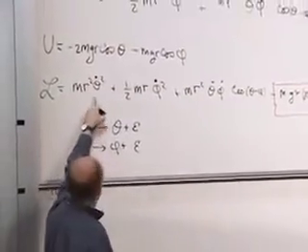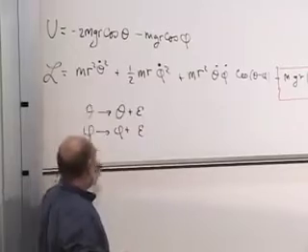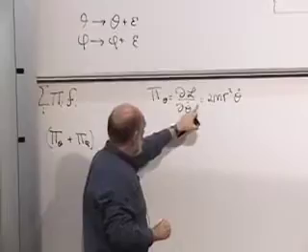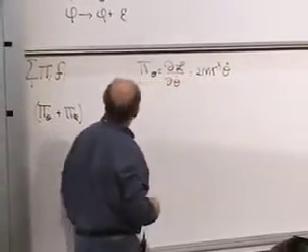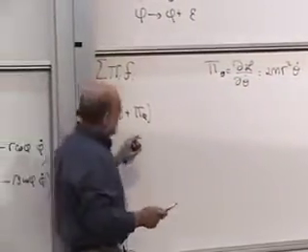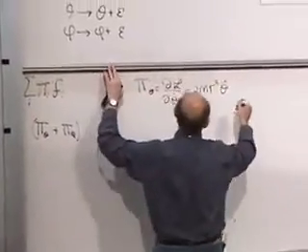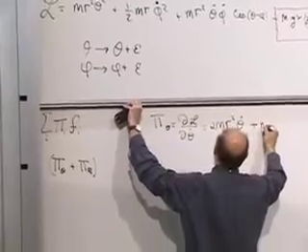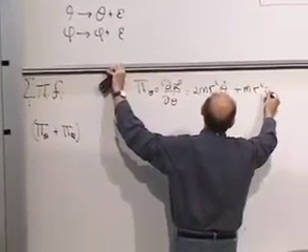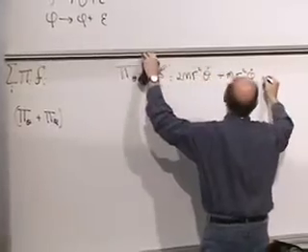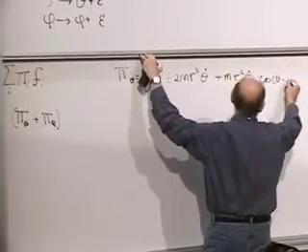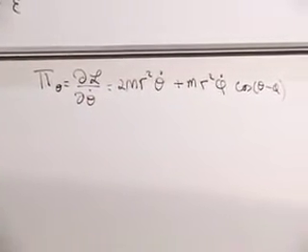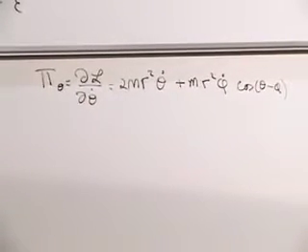When you differentiate theta dot squared, you get twice theta dot. Partial of L with respect to theta dot has twice m r squared theta dot, but we're not finished. There's this mixed term here. There's a theta dot in it. So there's a plus m r squared phi dot times cosine of theta minus phi. That's pi sub theta. What about pi sub phi? Same game.